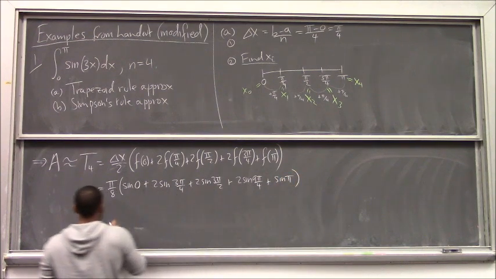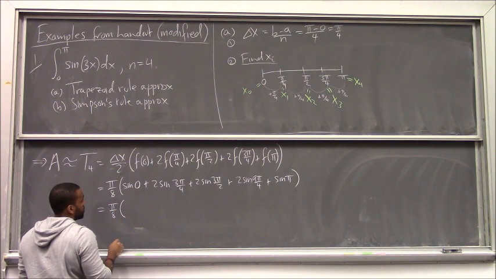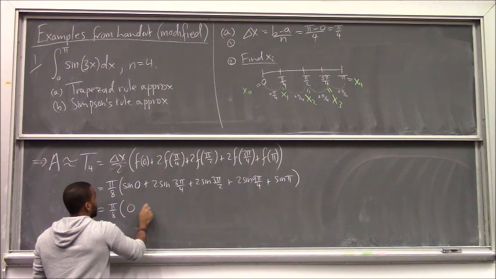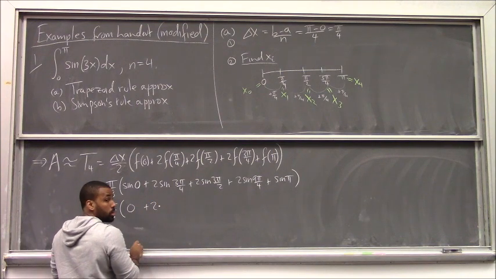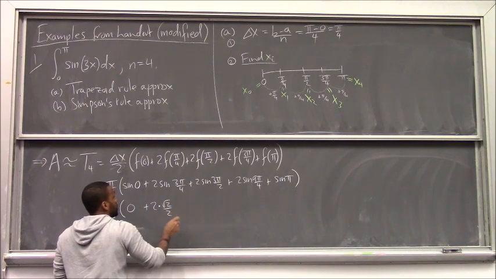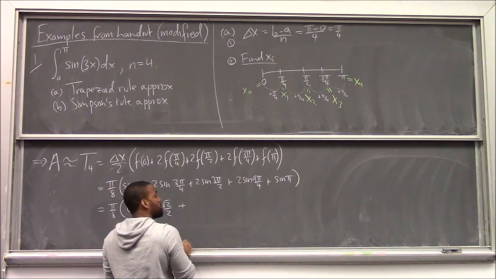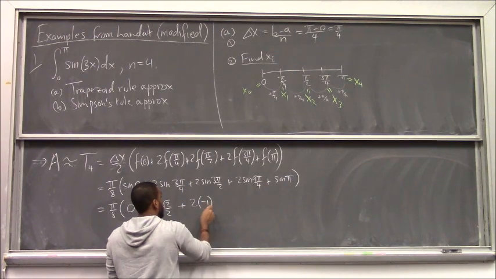Now I do expect you to know what these are. Sine of 0 is 0. Sine of 3 pi over 4 is root 2 over 2. Sine of 3 pi over 2 is negative 1.